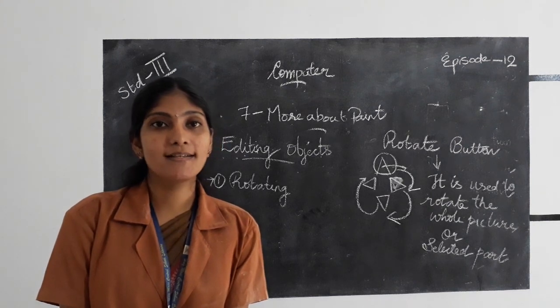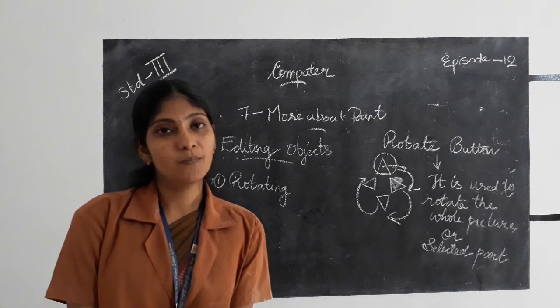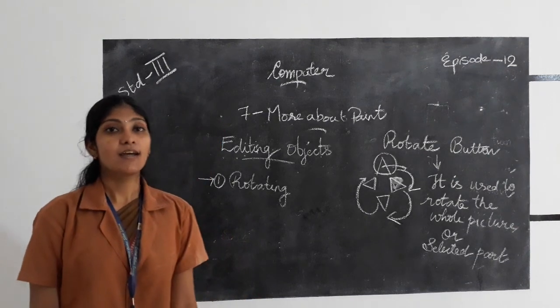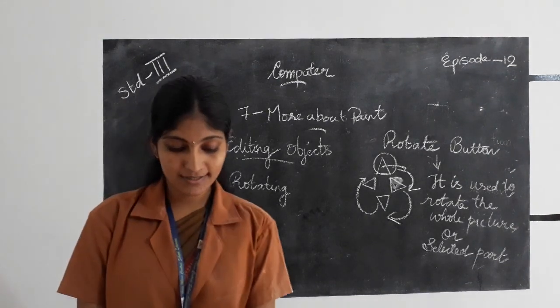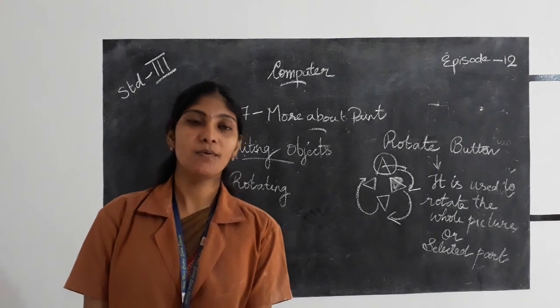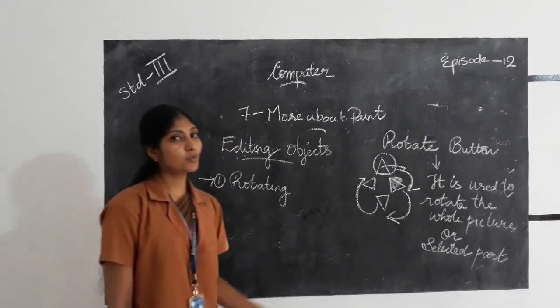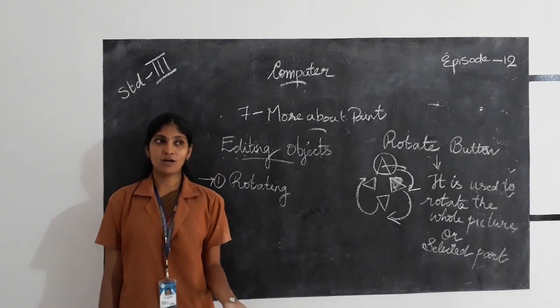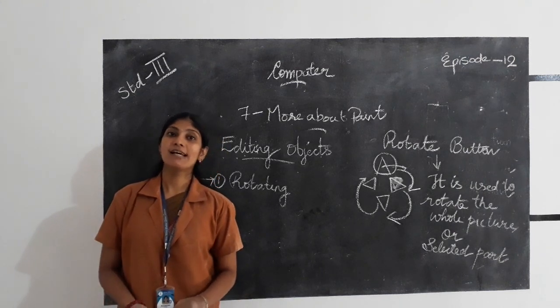So let's see what are the steps performed for rotating objects. First one, click on the home tab. If you want to rotate a picture or a part, before the rotating options you can select the picture.